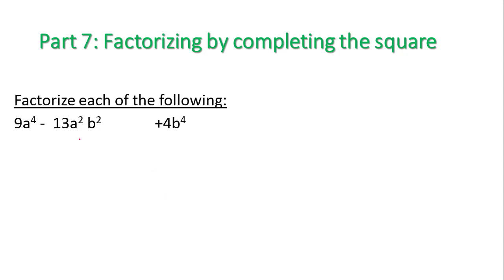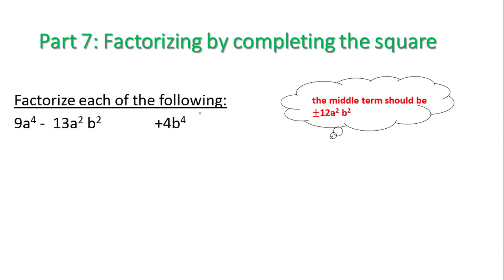Okay, let's calculate the middle term. The middle term here is negative 13a power 2 b power 2. The middle term should be what? It should be 2 times the root of the first times the root of the third.